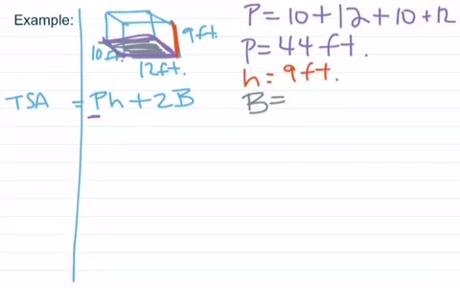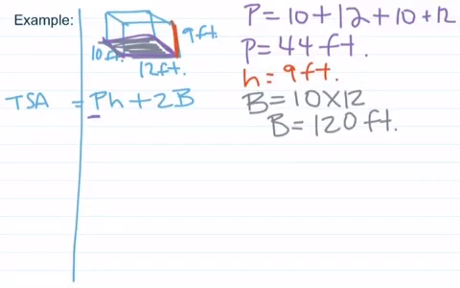So 10 times 12, and that's going to give us 120 feet, and area is always units squared. Now we have the values of our variables.